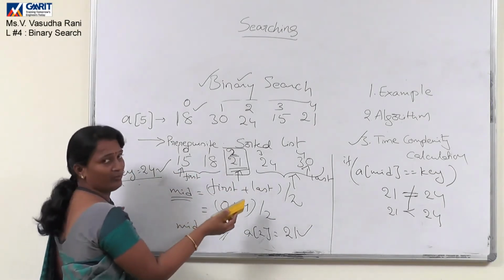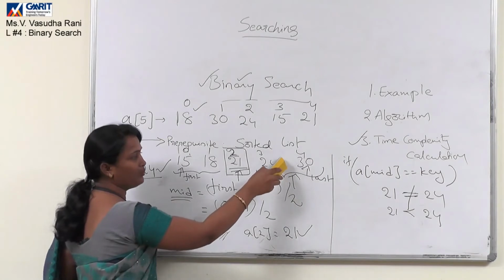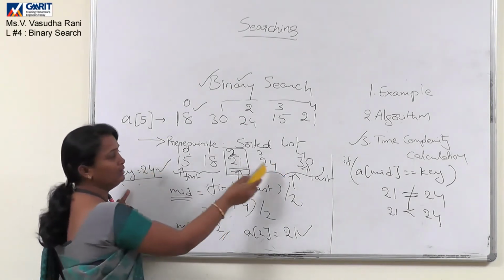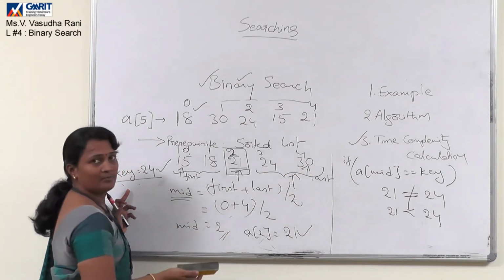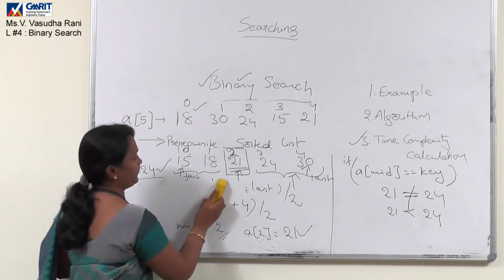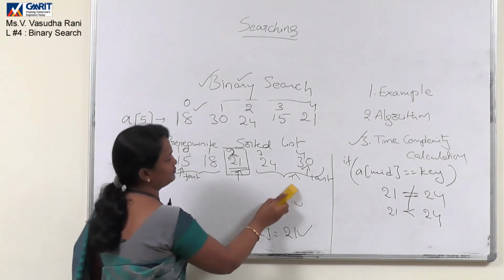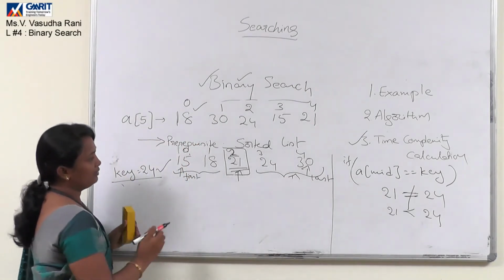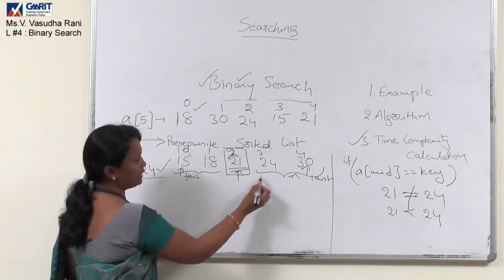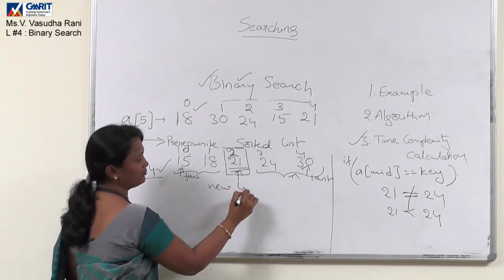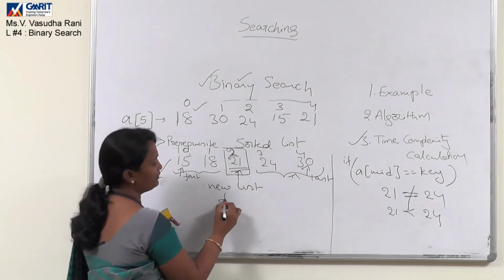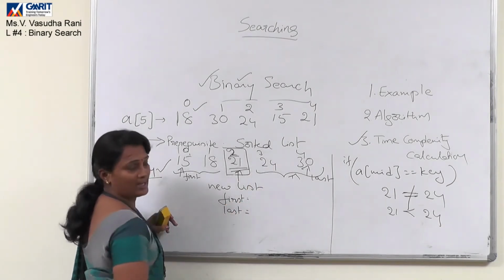Now the next step is that only this right part of the list is taken for search, and this key will be compared with the mid of this particular second half of the list. Taking the new list here, again we have to identify the value of first and the value of last.